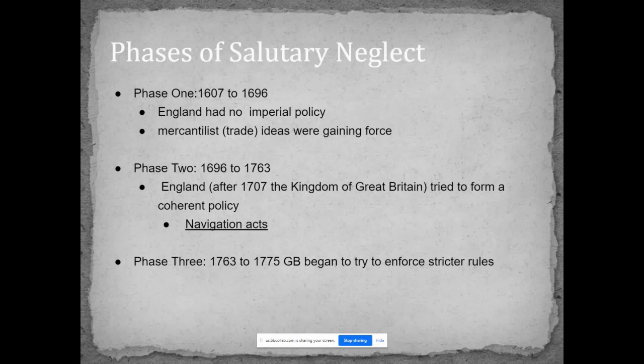But what's significant is that beginning in 1696, when the Navigation Acts are being passed, it's an indication that Parliament and the Crown of Great Britain were beginning to try to gain some control over its colonies. And part 3 of Salutary Neglect is basically Great Britain trying to enforce its imperial rule over its colonies, which will ultimately fail with the American Revolutionary War.